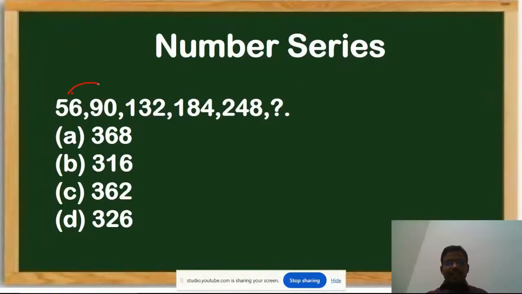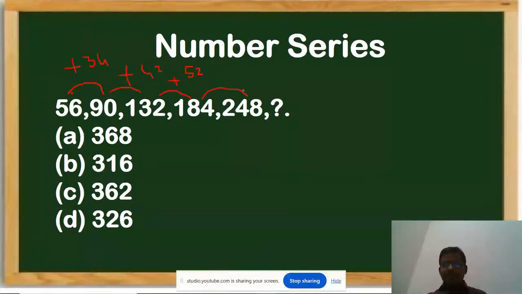So 56 to 90, what is the difference? 90 to 132, the difference is 42. 132 to 184, the difference is 52. 184 to 248, the difference is 64.